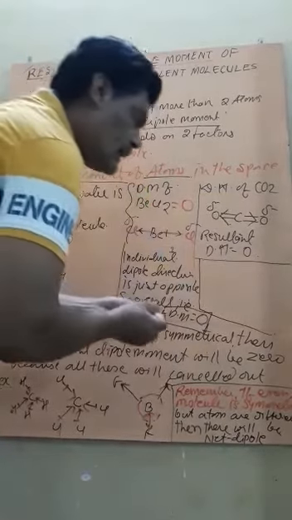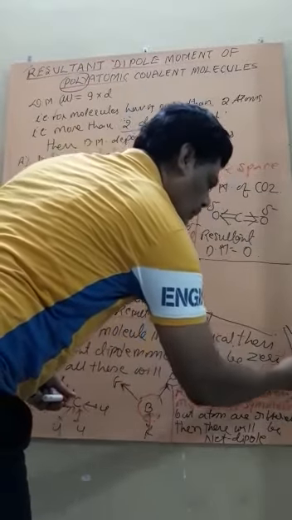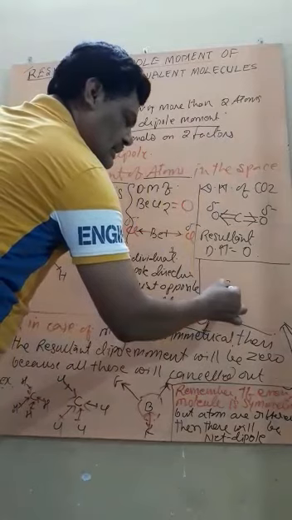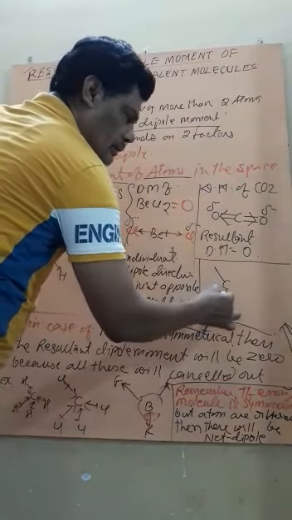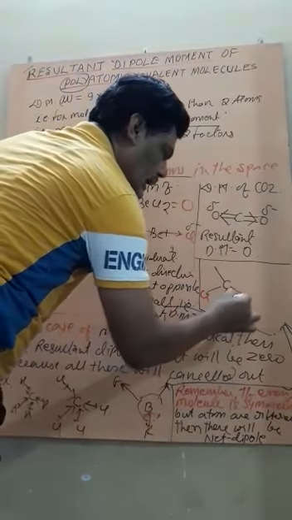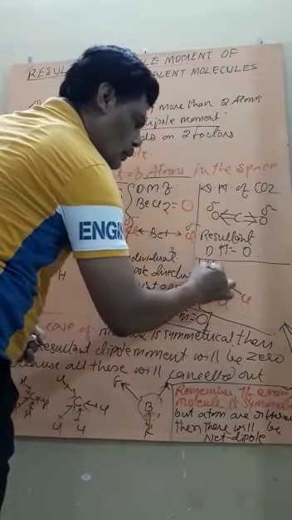But in case of, like here, you can take it as supplementary, this is C, this is Cl, Cl, Cl, and now it is H. That is, one of the atoms is different.